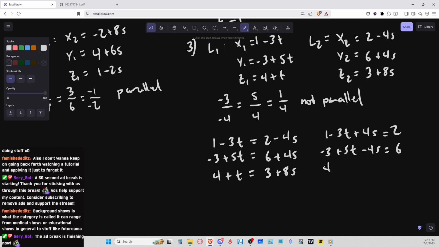And then 4 plus t minus 8s is equal to 3. Okay. If we do the first two equations, the 4's cancel and the s's cancel each other out, so maybe we can mess with that one.